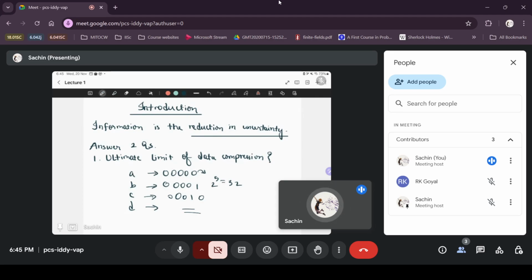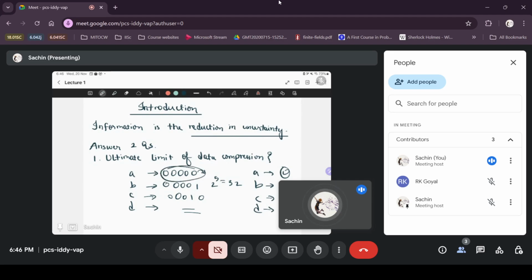But that's not the only way you could have done this. You could, for example, say A is 0, B is 1, C is 1 0, D is 1 1. You could save bits by representing them with variable length. And if you store this instead of this, you're saving a lot of bits.